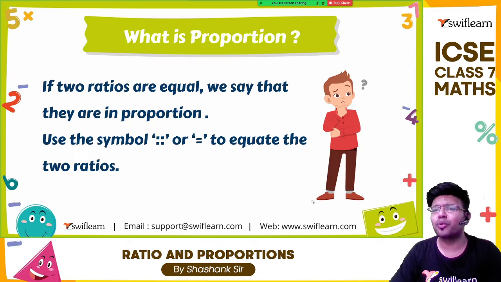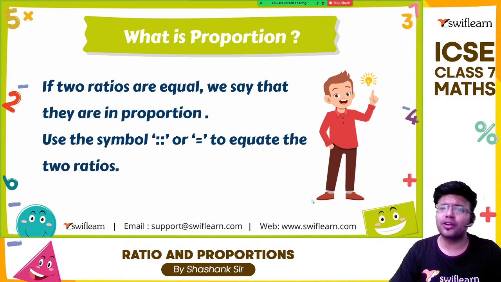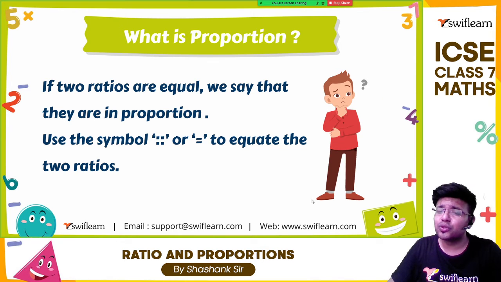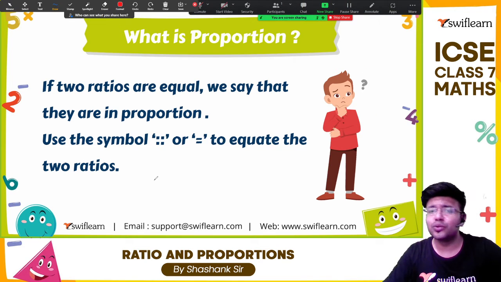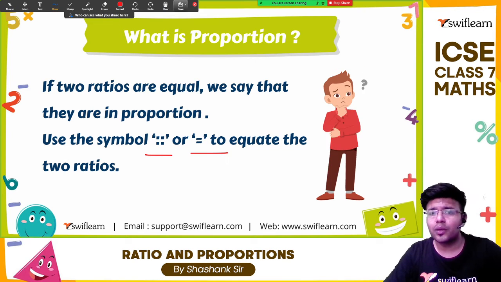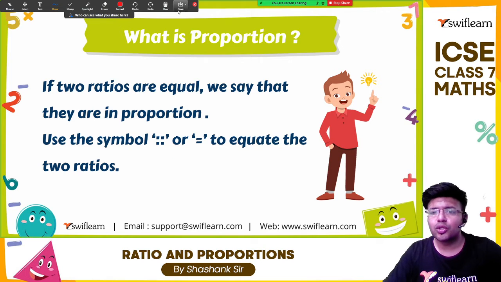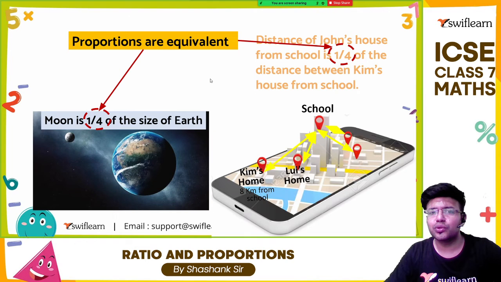Now, what is proportion? If ratios are equal, we say they are in proportion. Use the symbol four dots or the equal to symbol to equate the two ratios. Proportions are equivalent.